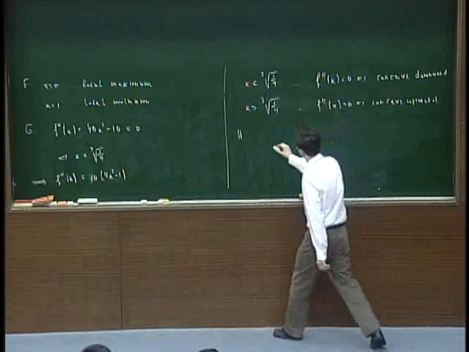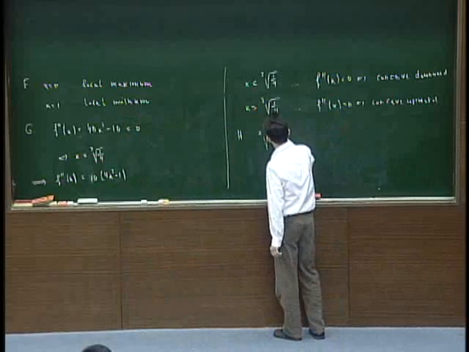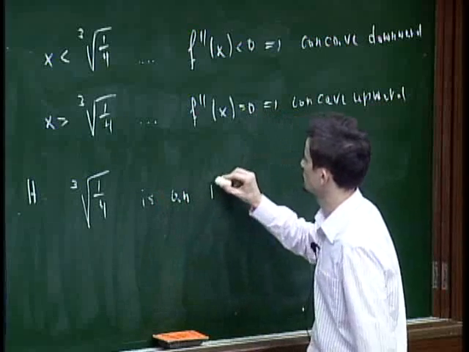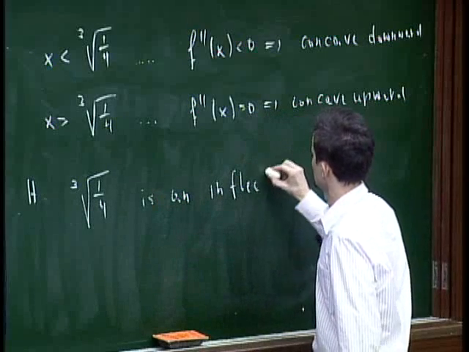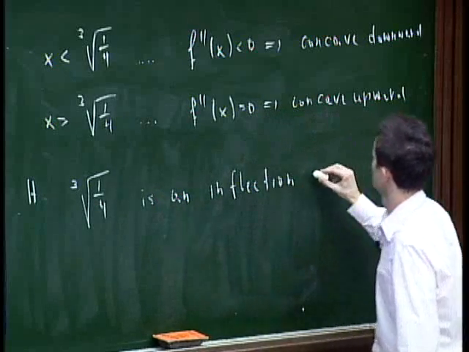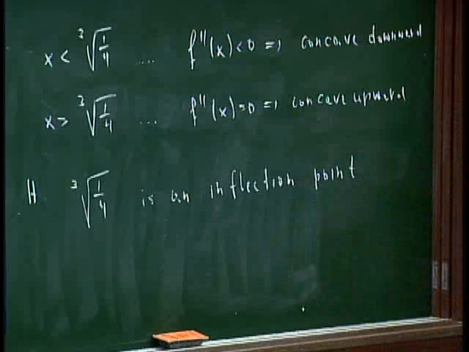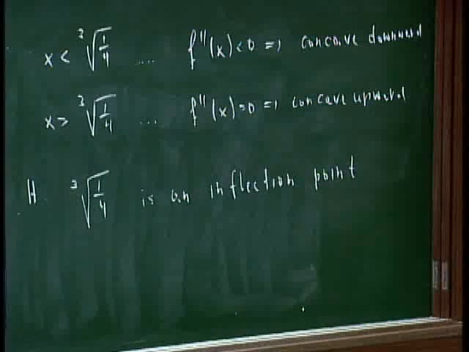The third root of 1 over 4 is an inflection point. And this information should normally be enough to plot the graph. Now we gather everything and plot the graph.